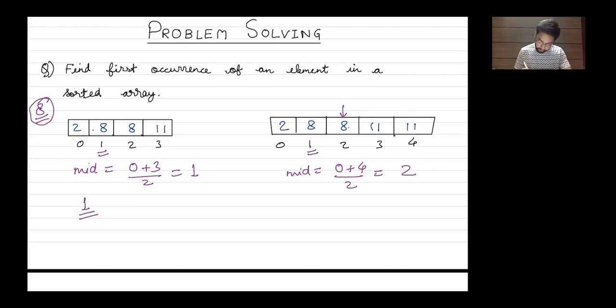Match is successful. So in this case, binary search would return index 2. However, this index 2 is not the first occurrence of 8. So with binary search we do get one occurrence of the element inside that array, but that occurrence is not necessarily the first occurrence, right?